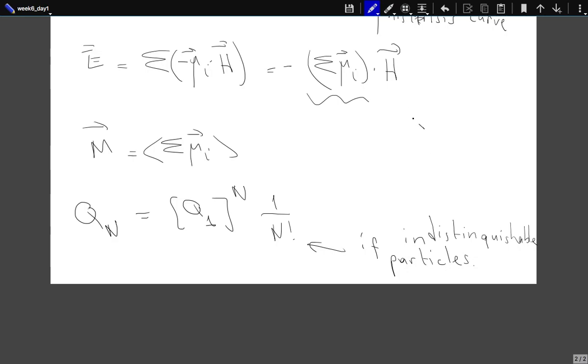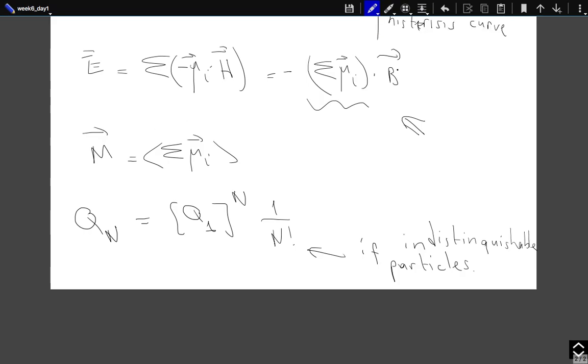So if you look at our Hamiltonian, well, the spins, we are assuming that they are not interacting with each other. We are ignoring the kinetic energy of the spins.